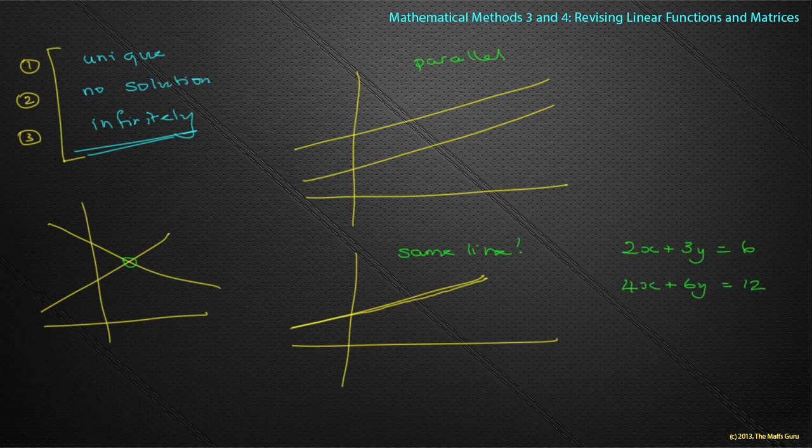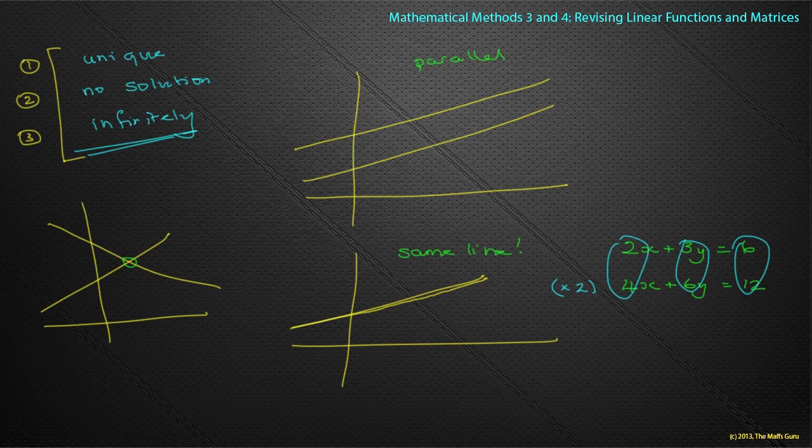All I've done to get from the top equation to the bottom equation is multiply every single term by 2. That means these are exactly the same line. So 2 goes to 4, 3 goes to 6, and 6 goes to 12 with exactly the same relationship.